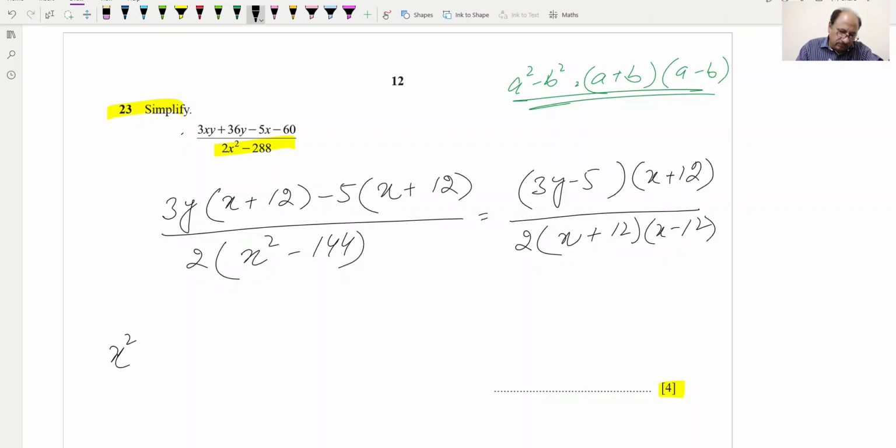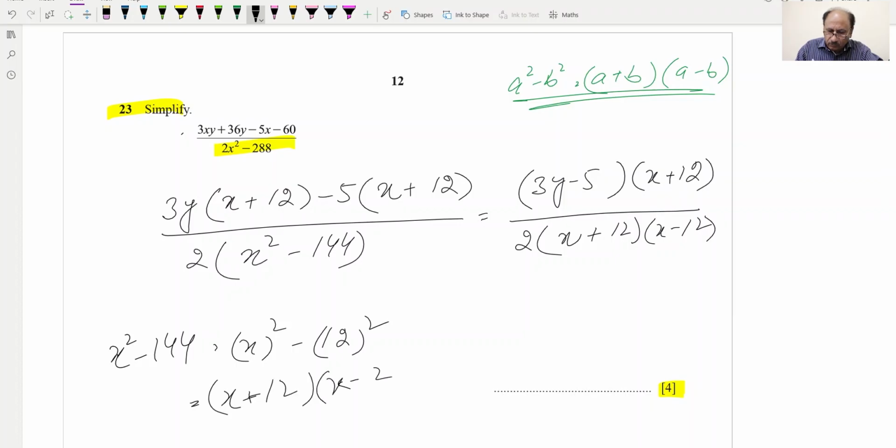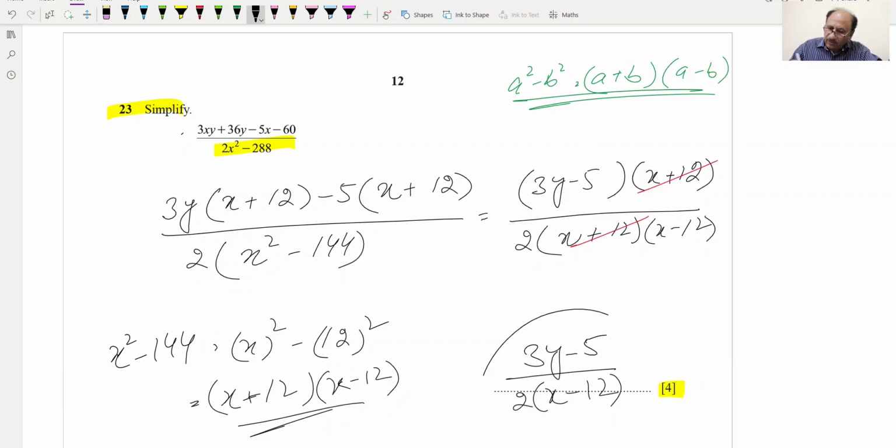Because x squared minus 144, we can write x squared minus 12 squared, and we can apply the formula, so it will be x plus 12 and x minus 12, and we can cancel these two, and our final answer will be this over 2 into x minus 12. This is for 4 marks.